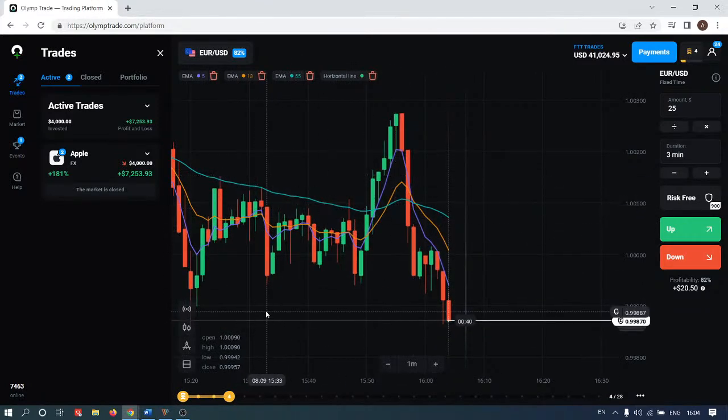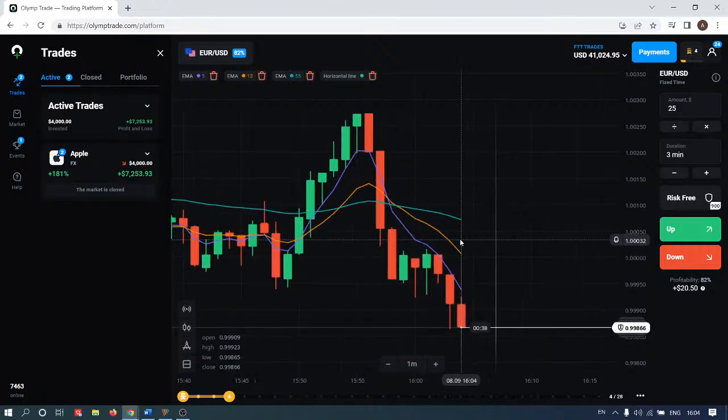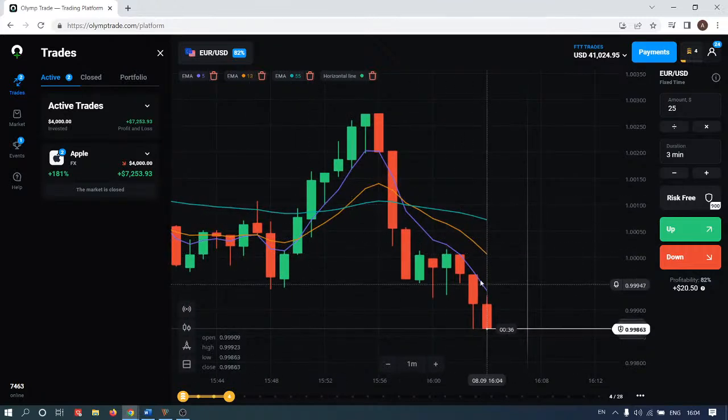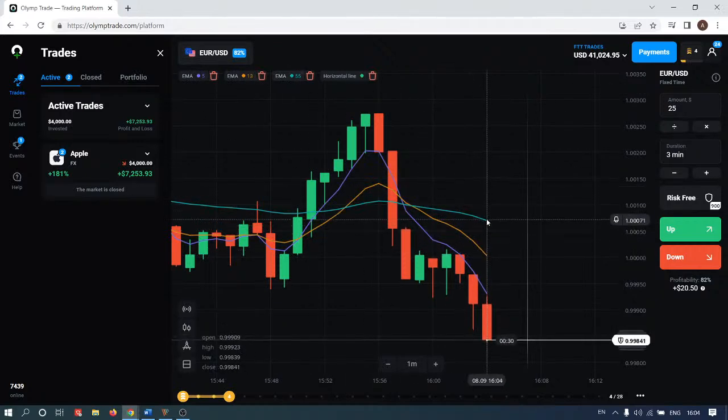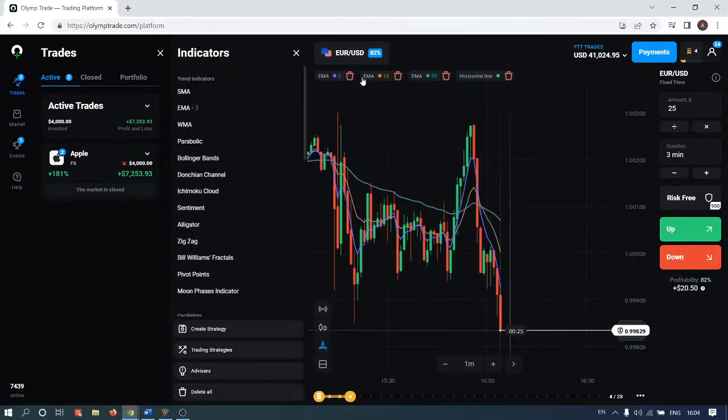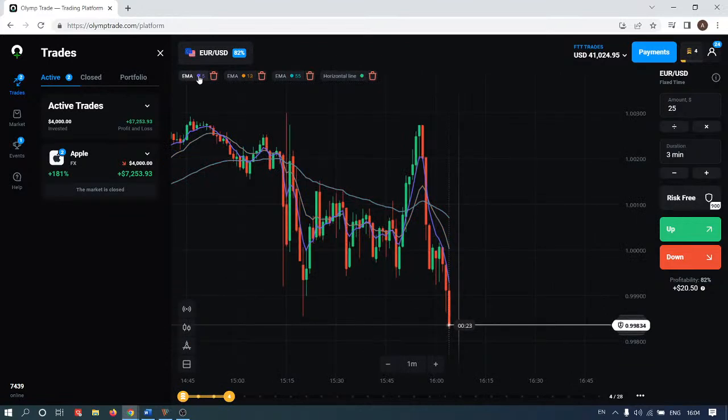All right. So guys, this strategy is very simple. Like I said, we have three EMAs: the 5 EMA, the 13 EMA, and the 55 EMA. Of course, they have different periods and different colors. We have this fast one, which has the period of 5, and it reacts to any change on the chart very fast.